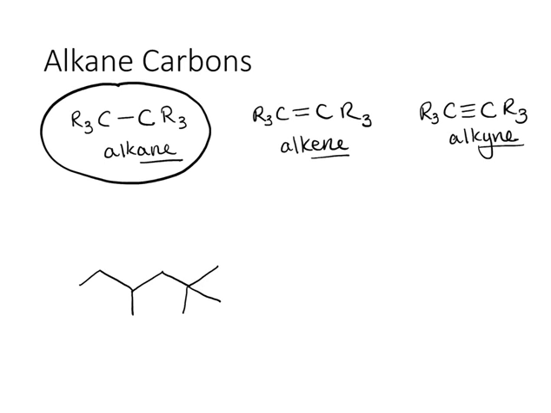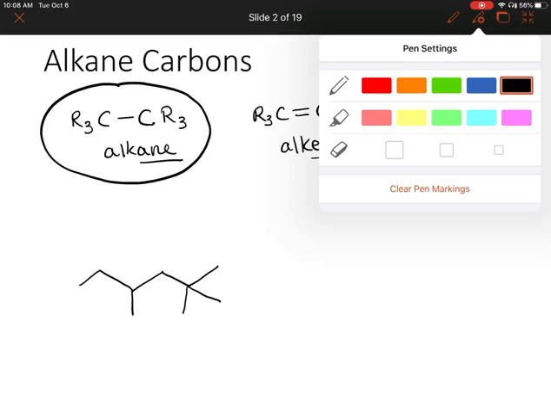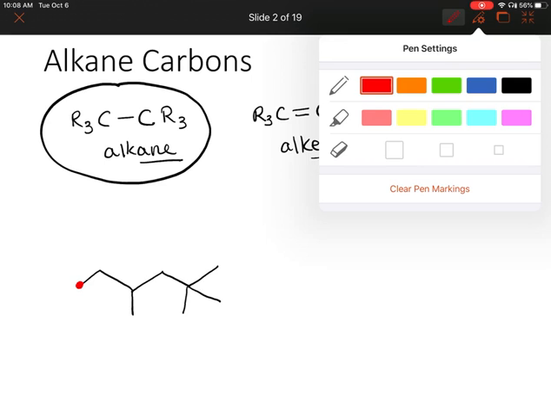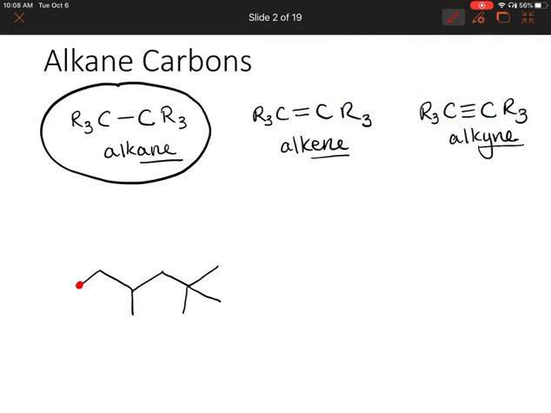So the carbon on the very end of this molecule that I'm highlighting in red is bonded to one other carbon and 3 hydrogens for a total of 4 bonds. And this type of carbon is referred to as a primary carbon. And we abbreviate that with a 1 and a degree symbol.